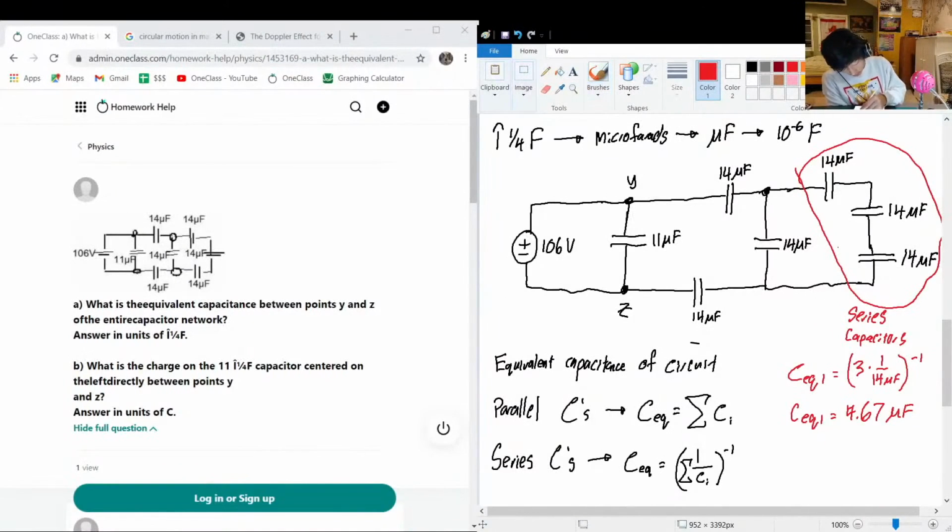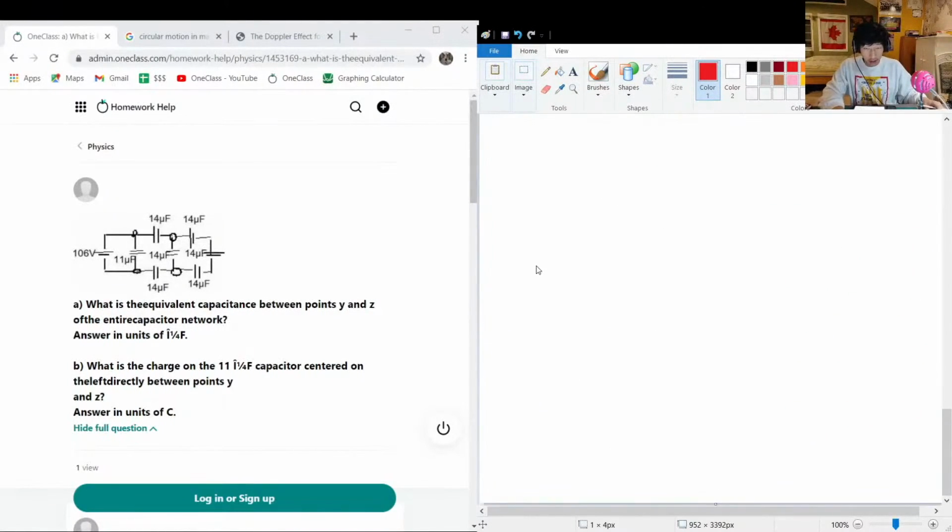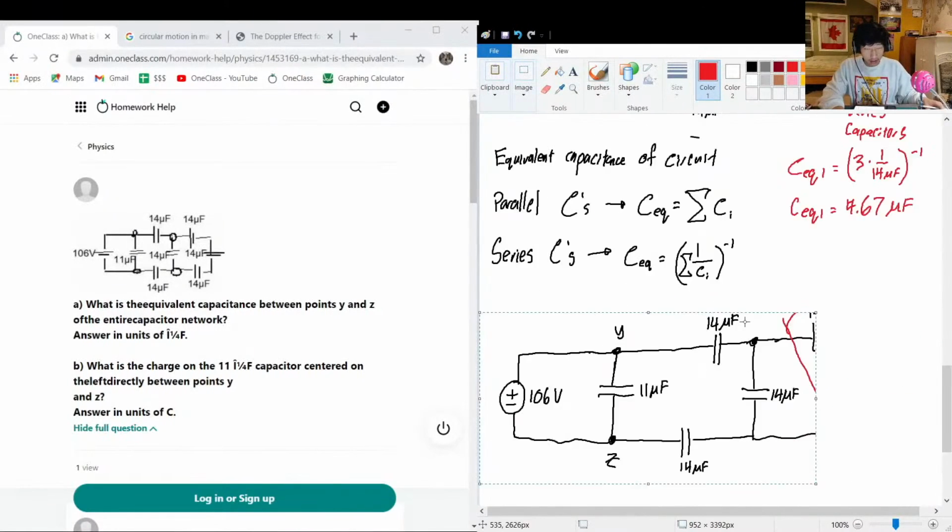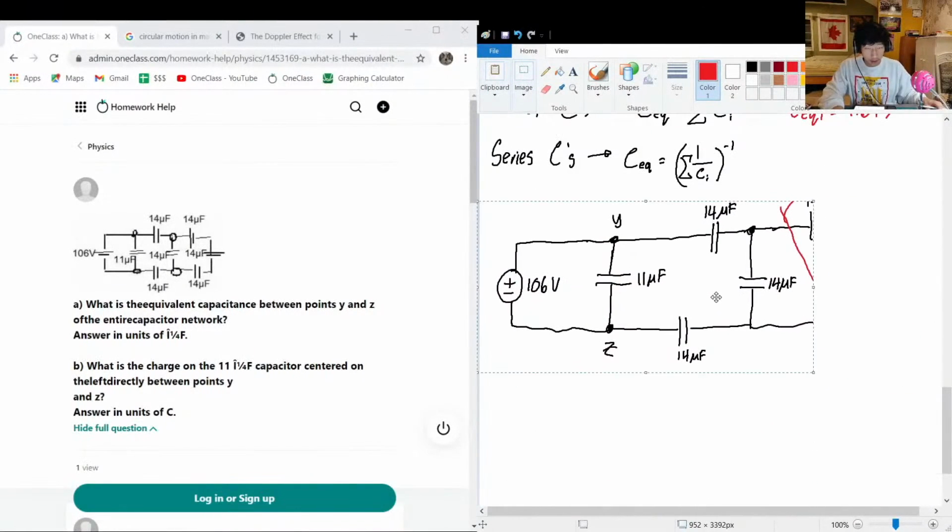I'll copy over what we have that can stay. Copy that, paste it down here. Now this is a pretty repetitive process, but this is quite important.